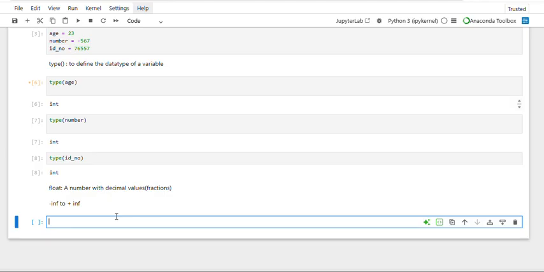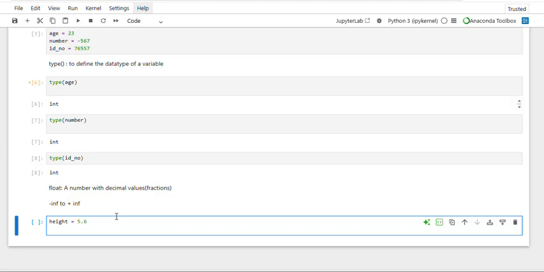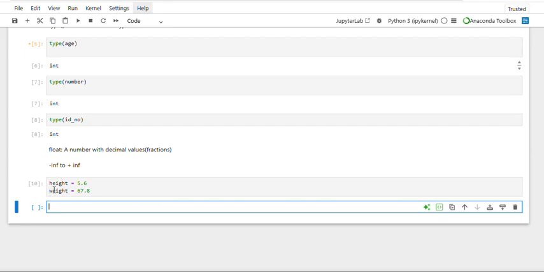An example is height. Height is equal to 5.6, or we can take weight, like 67.8. So these are the common data type numbers that can be stored in decimals.